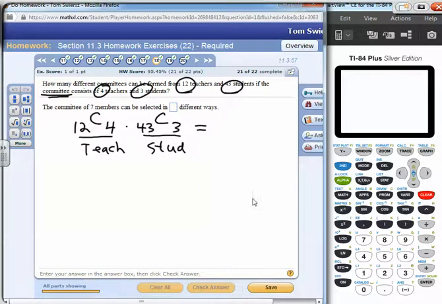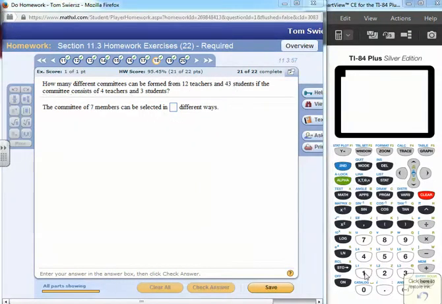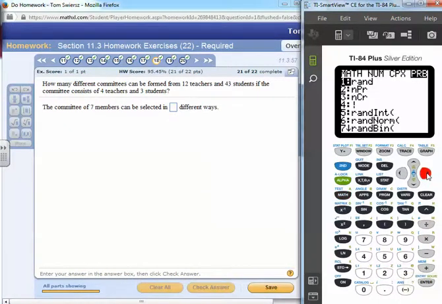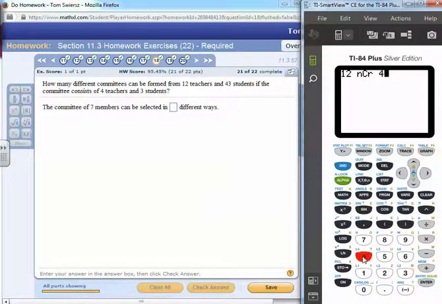The first one, the number of teachers, total 12 teachers. Order didn't matter. Go over to probability, select nCr, and we're selecting 4 teachers, 12C4 gives us 495. All right, for the students, 43 students, math.